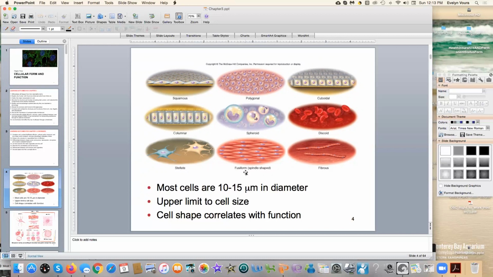Fusiform or spindle-shaped, these would be like smooth muscle cells. And fibrous, that would be like skeletal muscle cells. Or not so much cardiac muscle, but really when you're thinking about really fibrous, very often muscle cells are called muscle fibers. Even the smooth muscle cells are often called muscle fibers, but this is what you would call fusiform, and this is what you would call fibrous, all right?